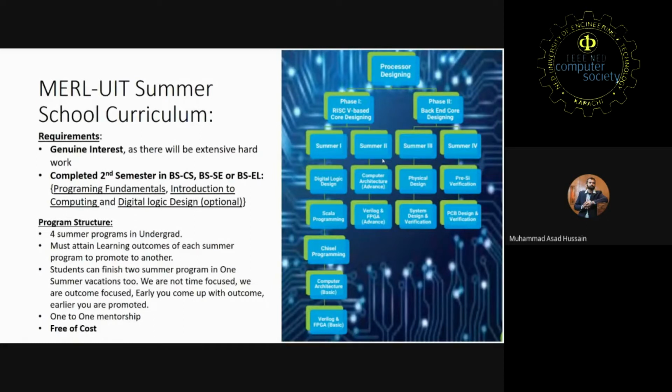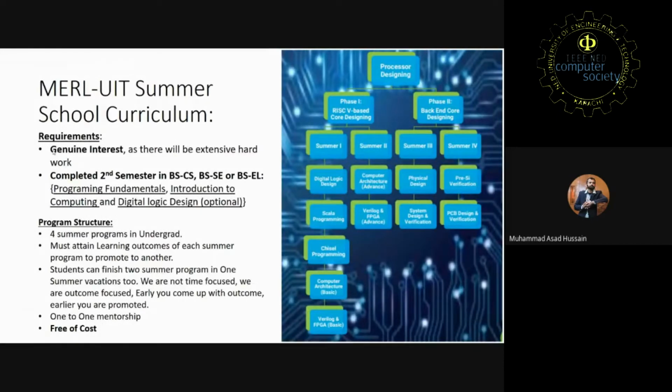So what are the requirements? Anyone with these requirements can join our team. The first requirement is genuine interest. No time pass is allowed. If you have a genuine interest in open source processor designing, and you want to learn something and do something with it, then we welcome you.